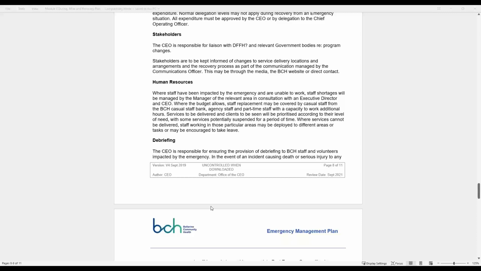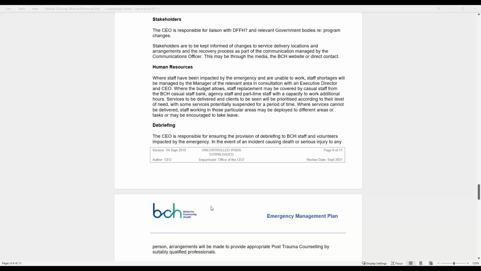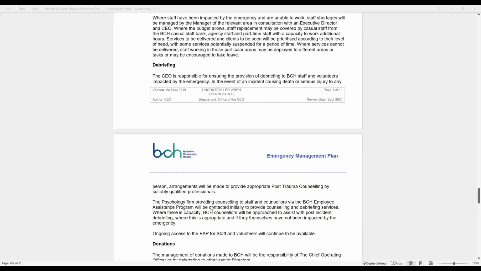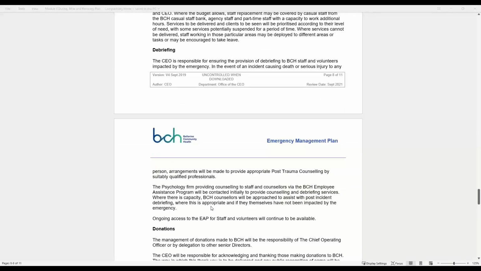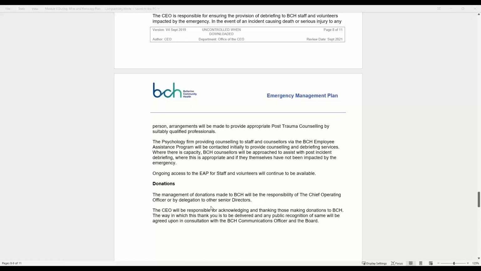Debriefing to all staff and volunteers impacted by the emergency will occur regularly, and in the event of an incident, unfortunately, causing death or serious injury to any persons, post-trauma counselling by suitably qualified professionals will also be made available. There will also be continued access to EAP for staff and volunteers. If there are any donations being made, be that financial or non-financial, the Chief Operating Officer or delegation to other executive managers will be responsible for managing that.